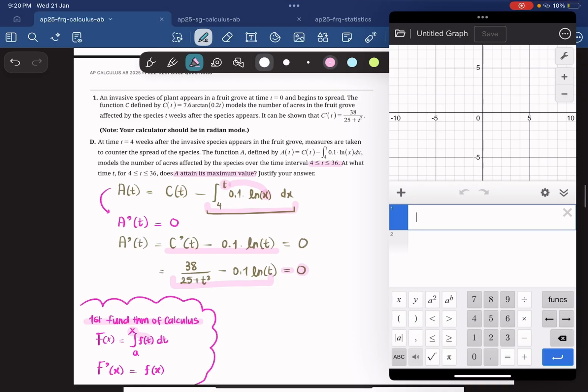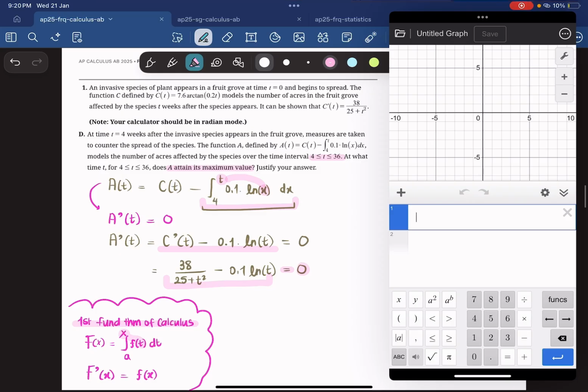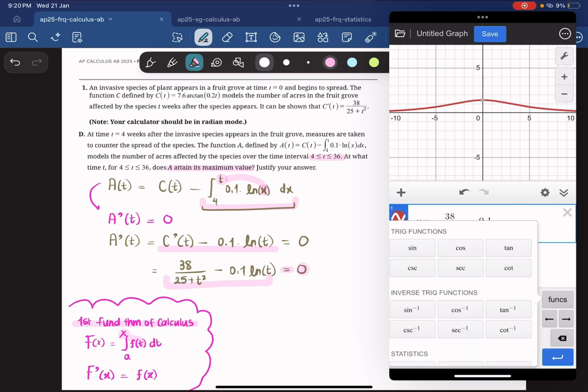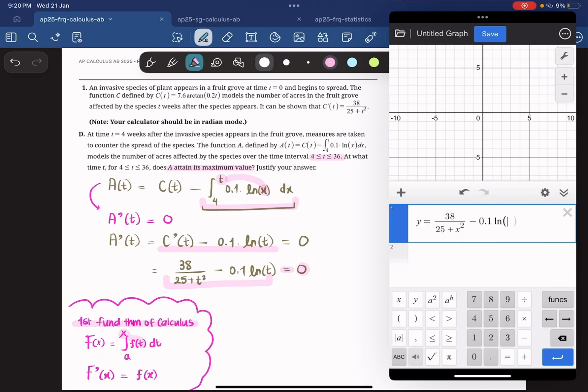We have the function y equals 38 over 25 plus x squared minus 0.1 ln x, and that's our function.